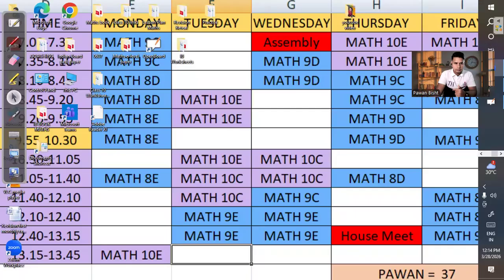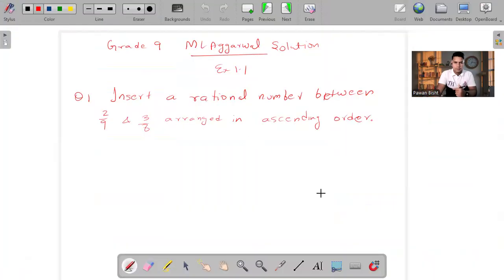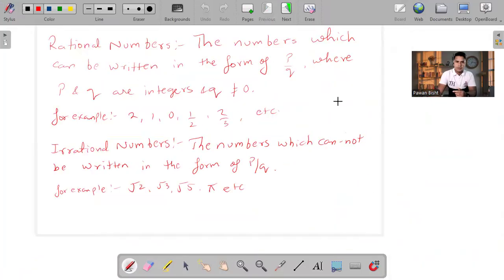Let's start the topic. Before starting, we need to understand what rational and irrational numbers are. You must have seen these numbers.